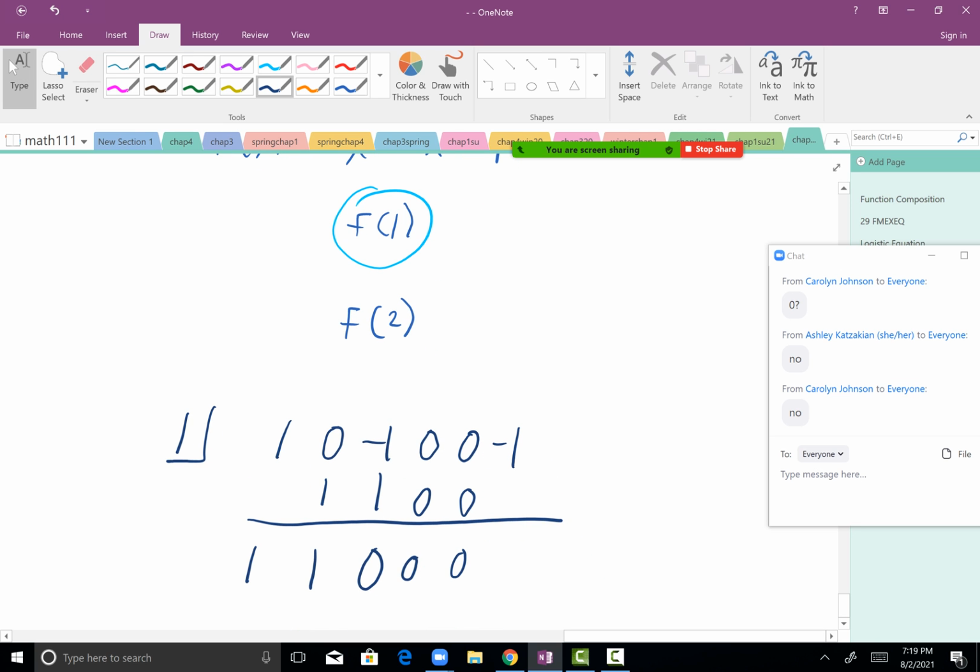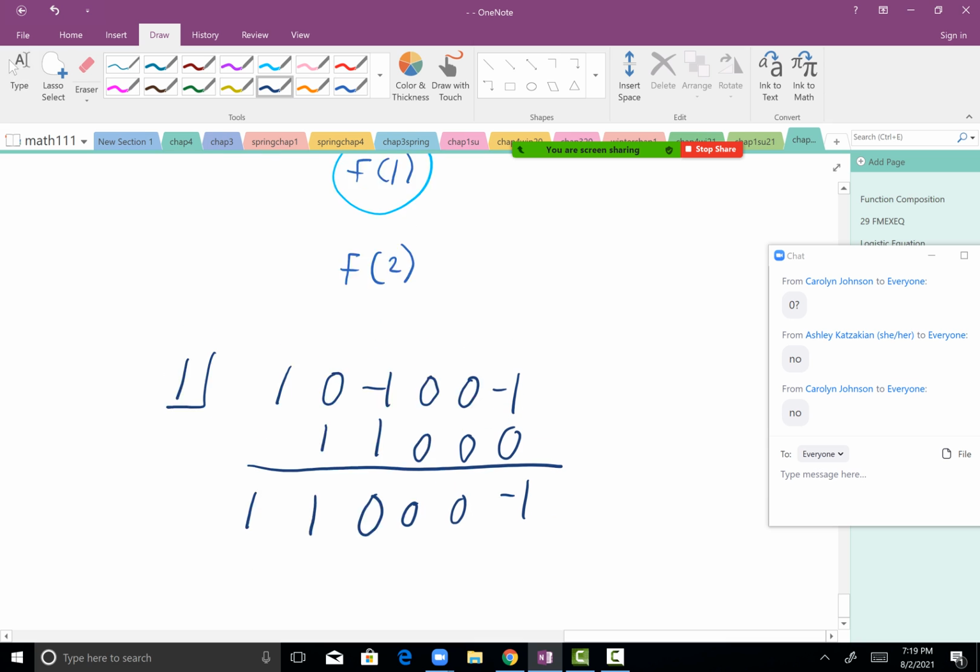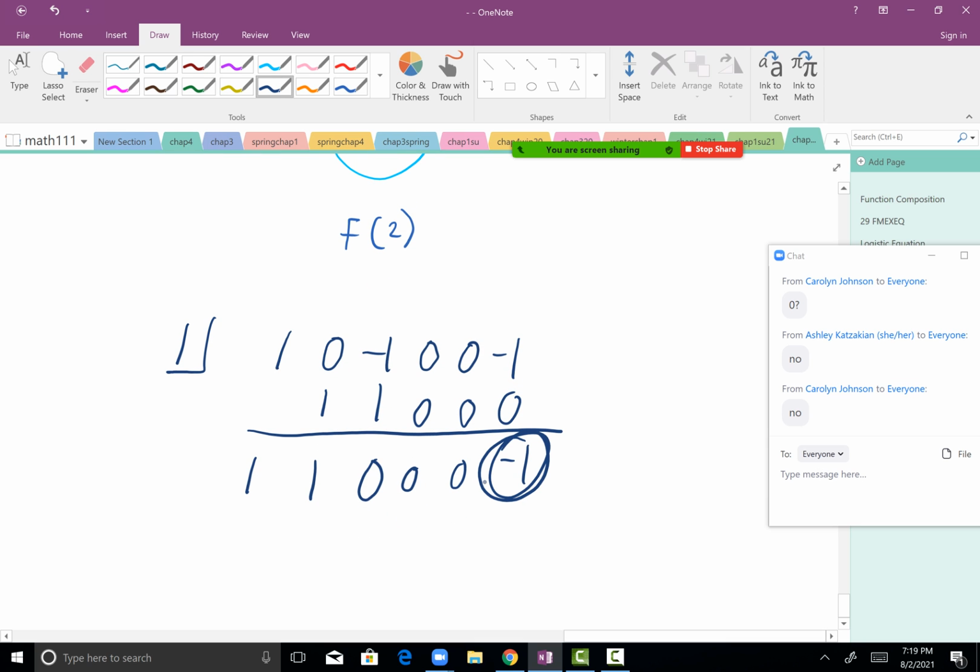Let's see. It's easier to make mistakes. 1, 1, 0. 1 times 0 is 0. 1 times 0 is 0. Oh, that's 0, that's right. But that gives me -1. So my remainder is -1. Now we're going to do the same thing on 2.